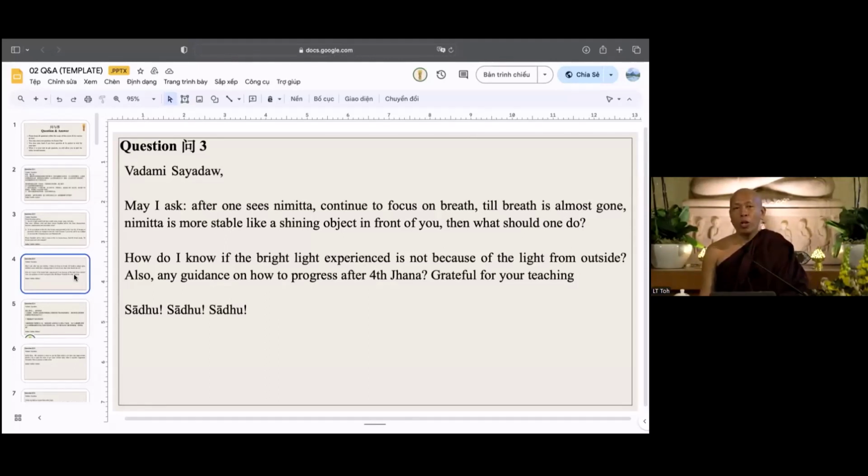This is one way. You can also continue practicing the 32 body parts. This is another way. Then you can change to Kasina, another way. So there are many different ways we can choose. It depends on yourself. That is why after fourth jhana there are many things to do, many other subjects we can practice. Okay?